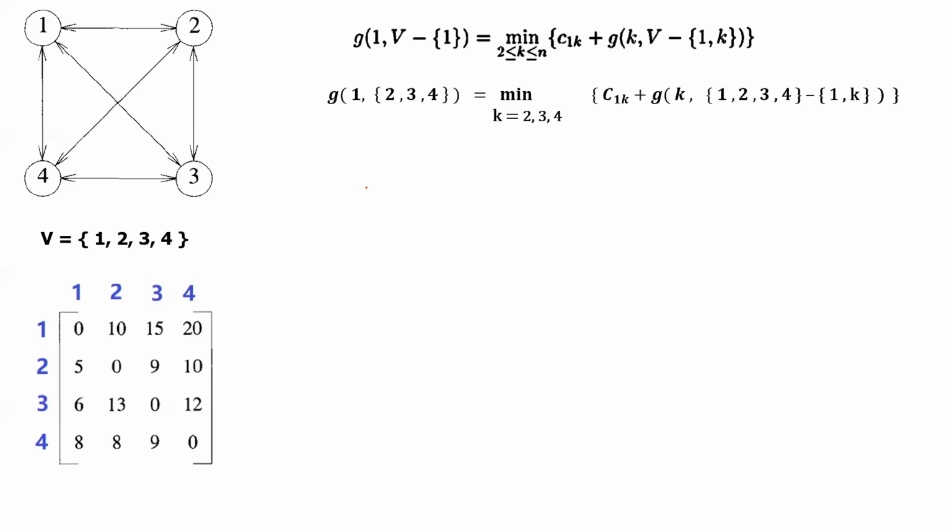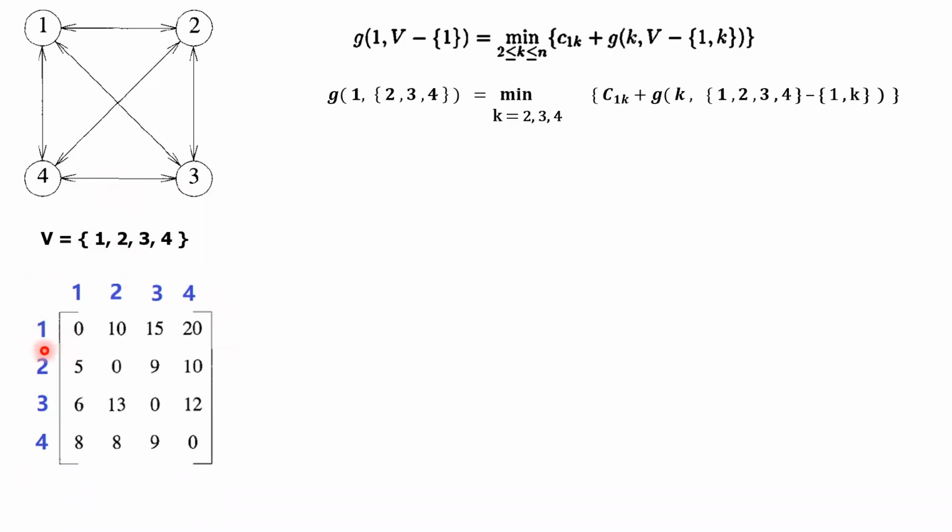So this is the given graph. The list of vertices in the graph is 1, 2, 3, 4. This is the adjacency matrix representing the distance between the cities. You already know for a given graph how to find out the adjacency matrix.